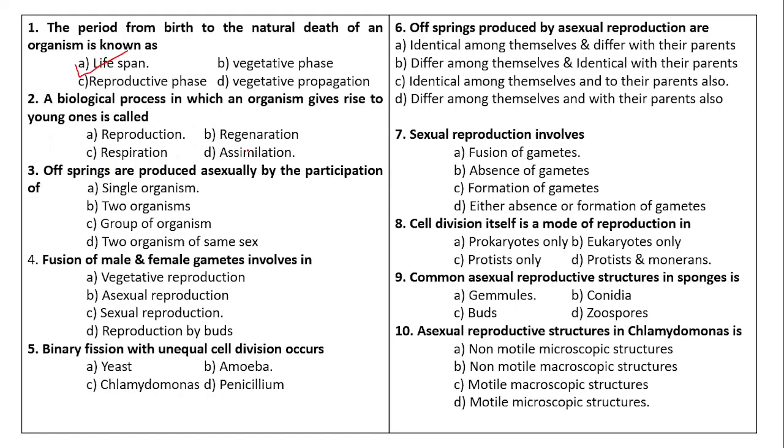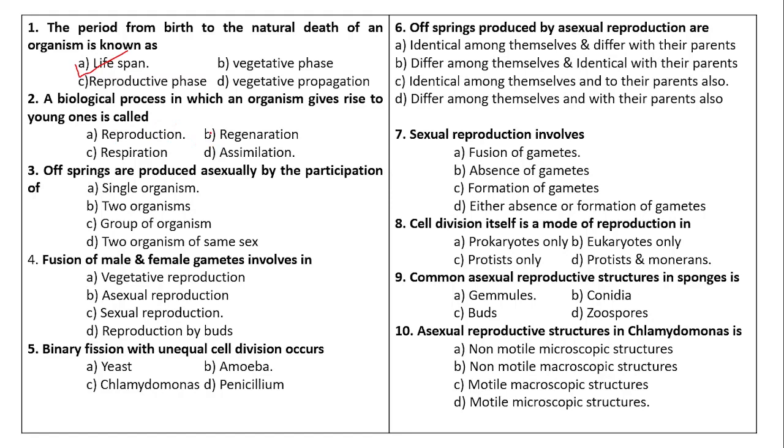You already know that respiration and assimilation are not at all related to reproduction, or giving birth to the young one. So options C and D are cancelled. Coming to the other two options, reproduction and regeneration, both seem very similar, but there is a difference.